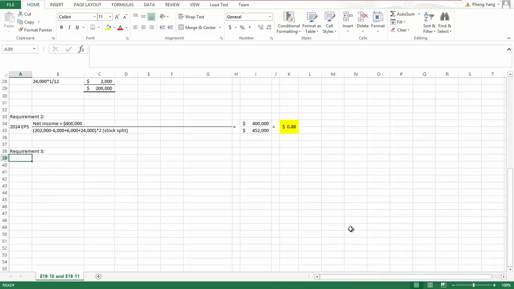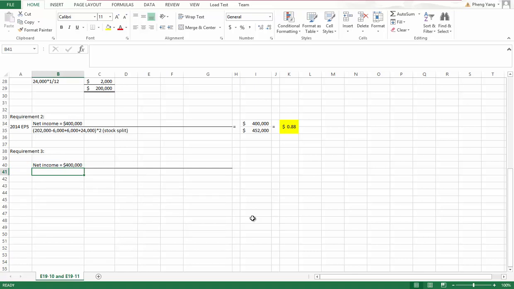So what we would do here is, I'm going to copy this once again. No, it's easy to just put a line right through it. Okay, there we go. All right, so we already determined that net income is 400,000, or it's given to us actually.